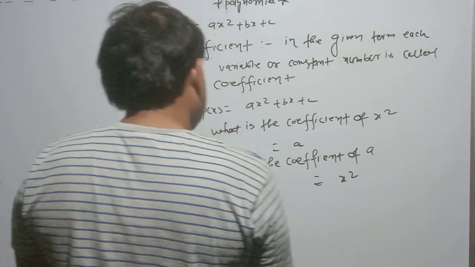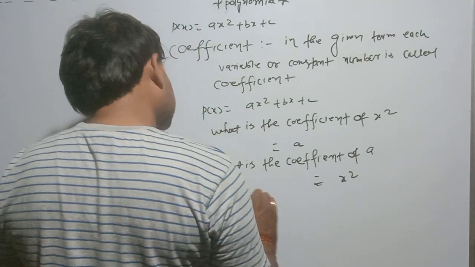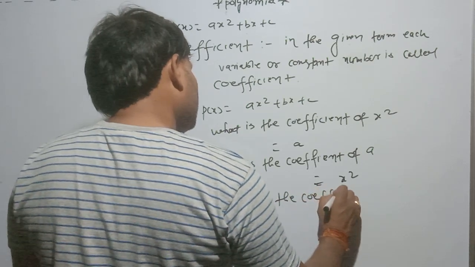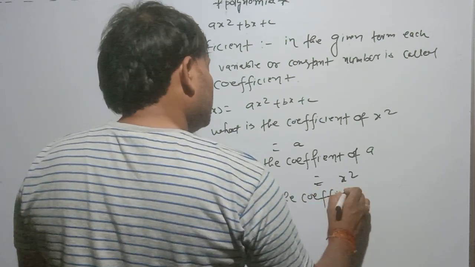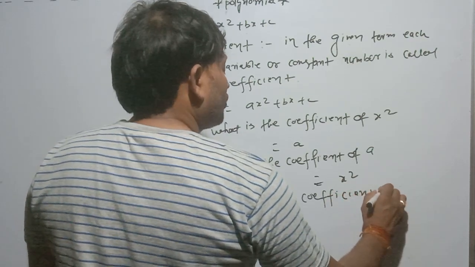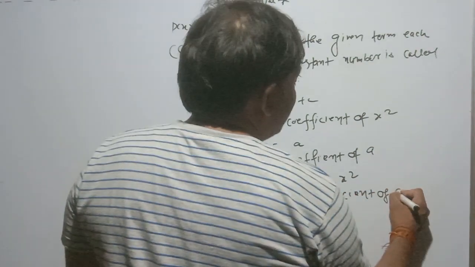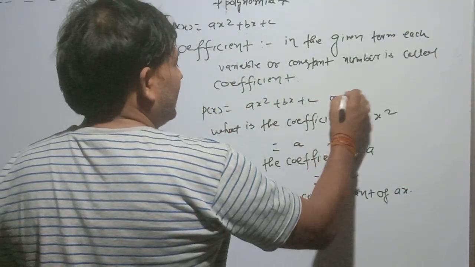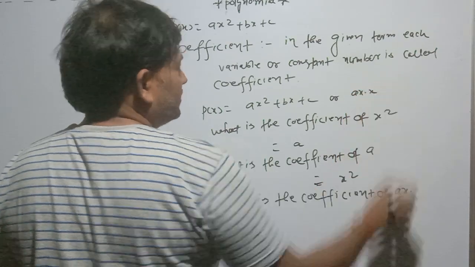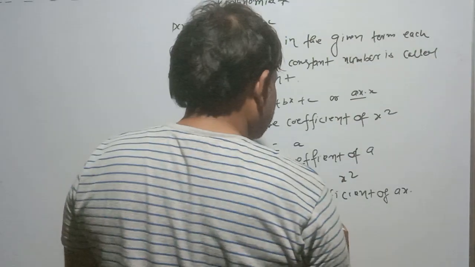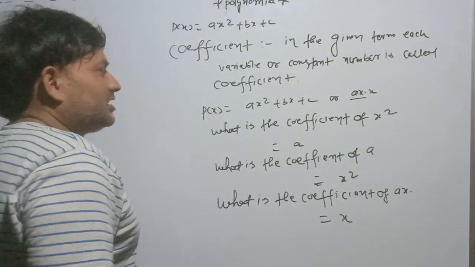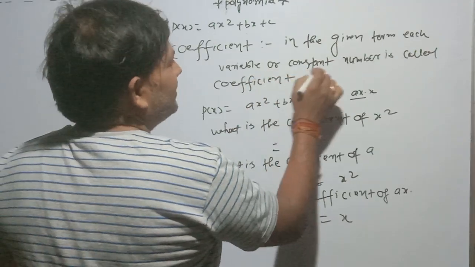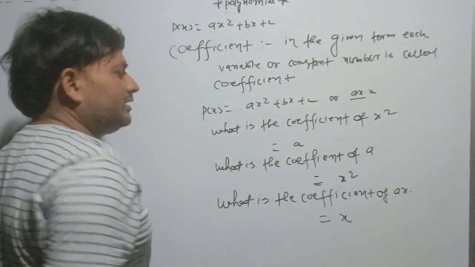Or what is the coefficient of ax? We can write ax as a into x, so the coefficient of ax is x. That's why I wrote in the definition: in the given term, each variable or constant number is called a coefficient.